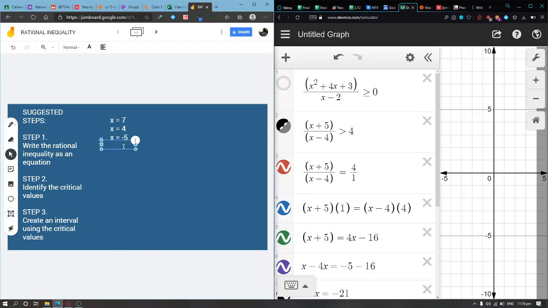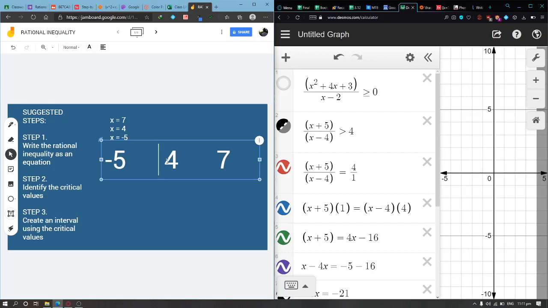It will be negative 5, 4, and then 7. These are the critical values that we have right now.